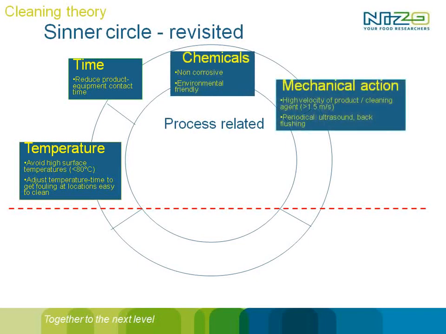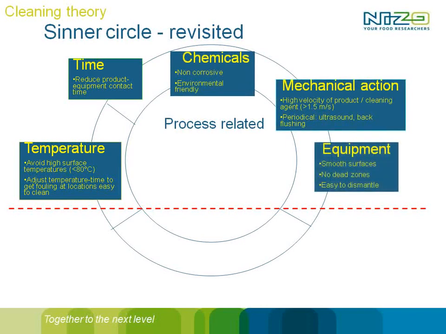Time: reduce product-equipment contact, so do it as short as possible. Looking at chemicals, it is very important, as I mentioned, to choose the right chemical and not too high concentrations. And beware, if you apply, for example, chlorine, it can be corrosive to your stainless steel. So if you apply it, be sure that you rinse it away very properly.